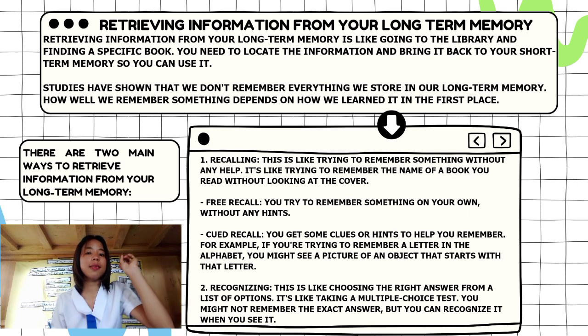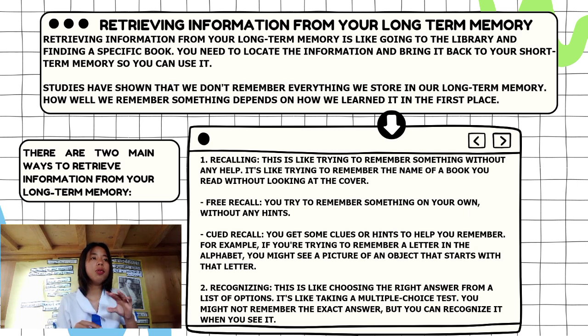First is recalling. This is trying to remember something without any help. It's like trying to remember the name of the book you read without looking at the cover. Under recalling, naay free recall, or you're trying to remember something on your own nga walay hints.